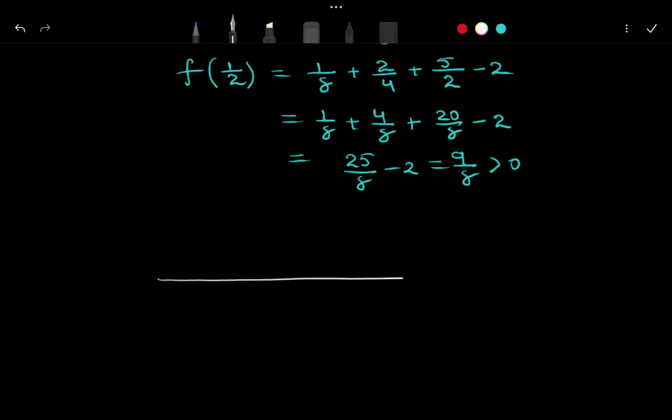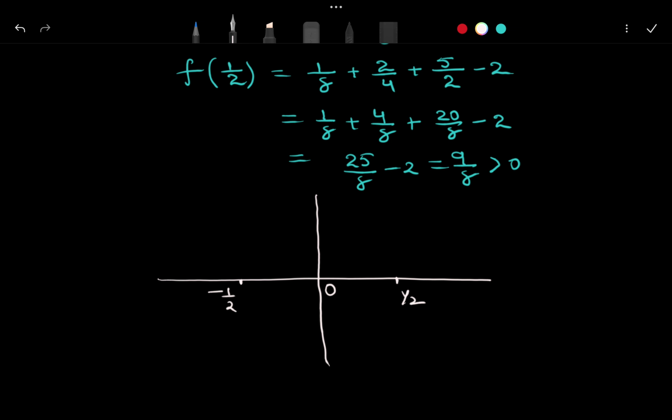So now simply draw the graph. Here we have the x-axis and y-axis, this is 0, this is 1 by 2, and this is minus 1 by 2.